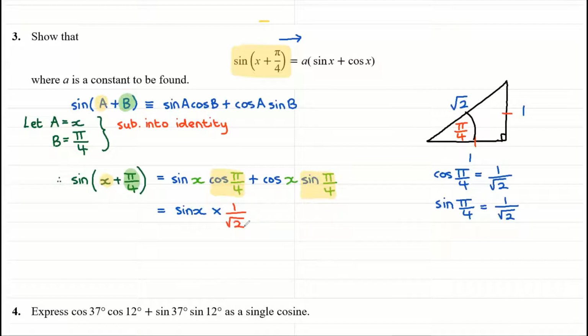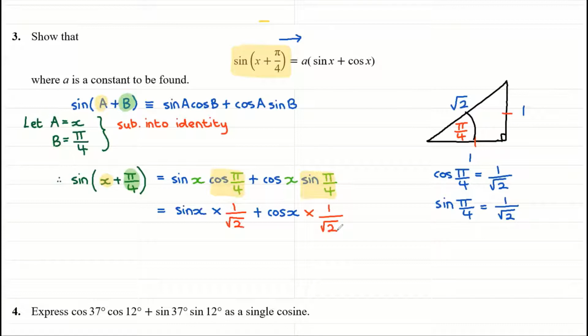And then we're going to add cosine of x, and we're going to multiply that by the same value. Now, this is where we can start to show that the right-hand side is indeed the same constant multiplying the sum of sine x plus cos x.